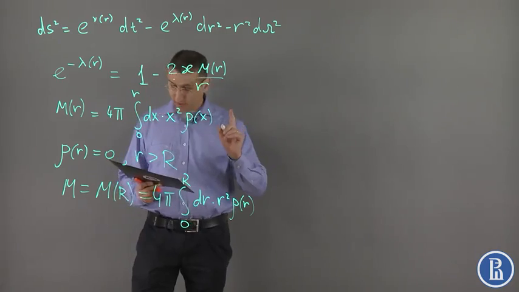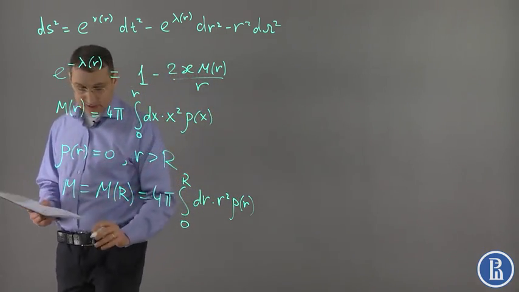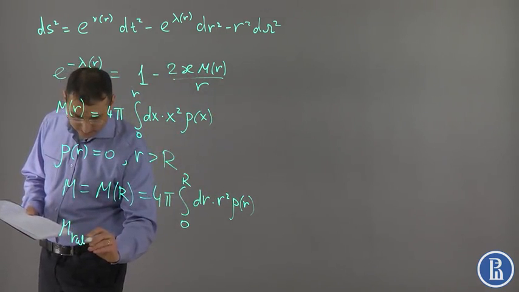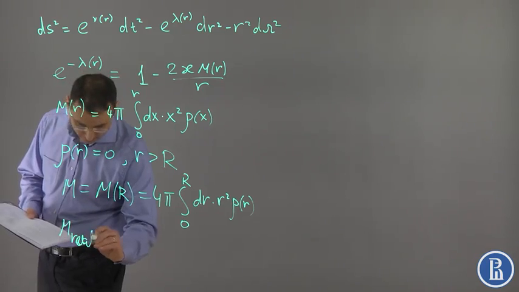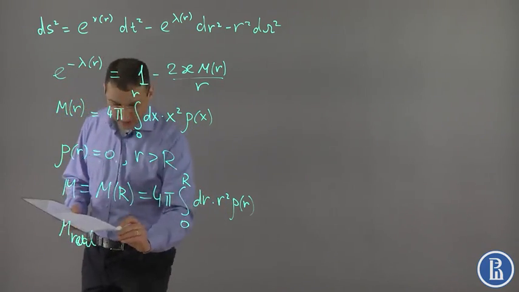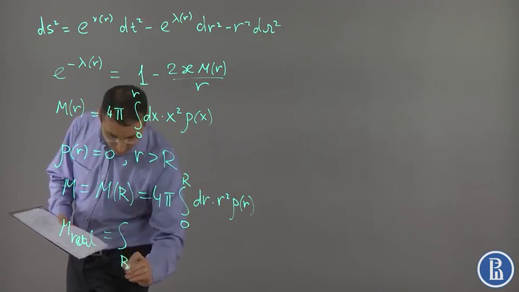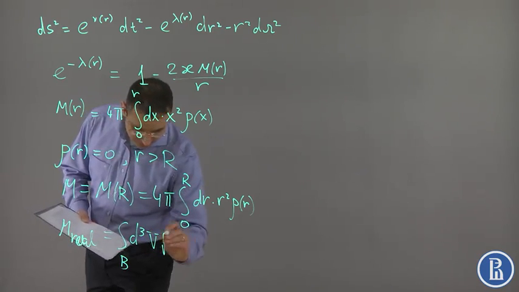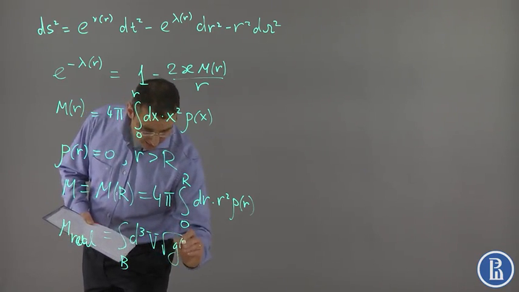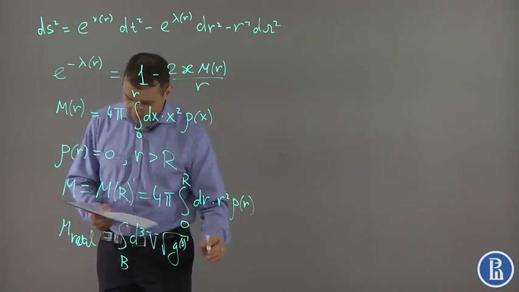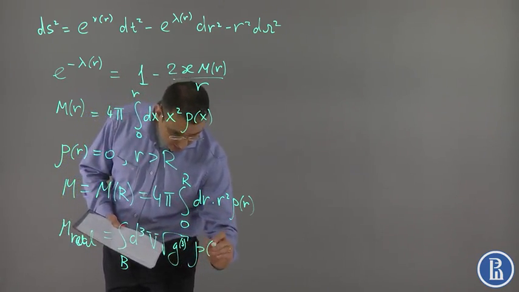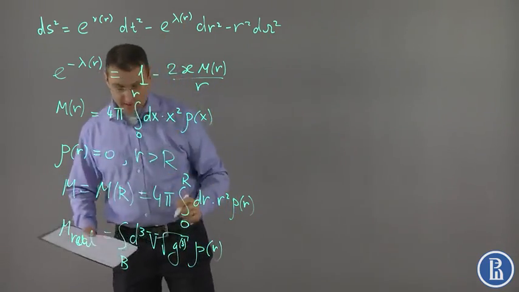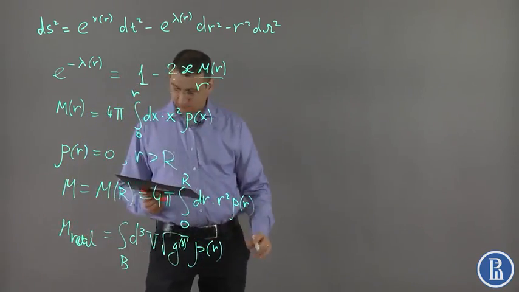But one has to keep in mind that actually the total mass, the real mass of the star, should be the integral over the body of the star of the volume form, times the three-dimensional determinant of the three-dimensional metric, times rho of r. So this is the determinant of this part of the metric, and this is just the volume form.